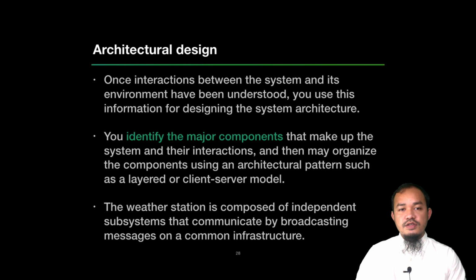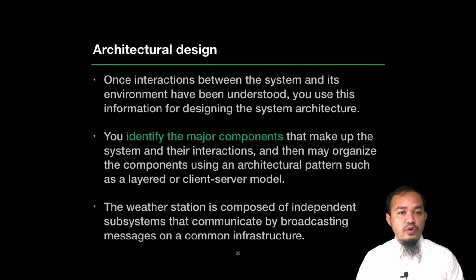Architectural design is what we use to design a big or huge system, the overall system. As we say here, we use the information of the system context to design the system architecture.